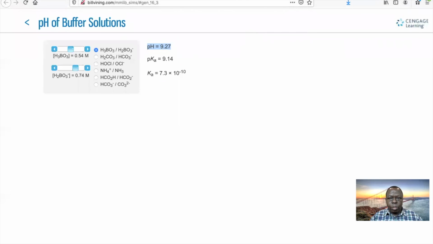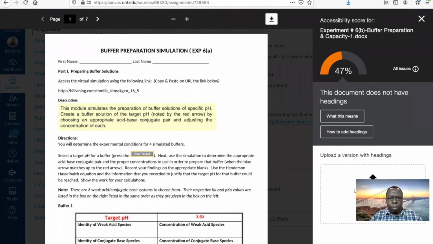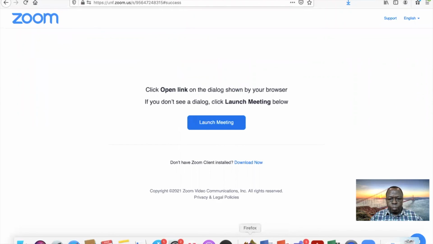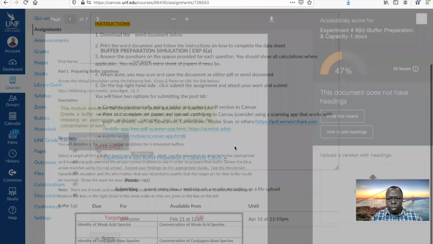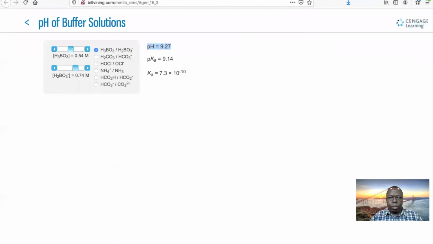we want to identify the acid and identify the base, and what you will do is include the acid-base pair here. Make sure you know the acid-base pair for all six.